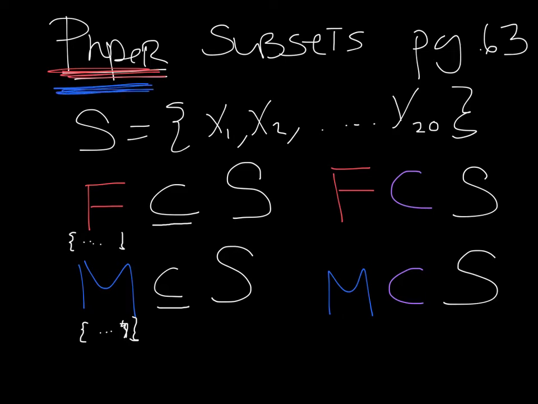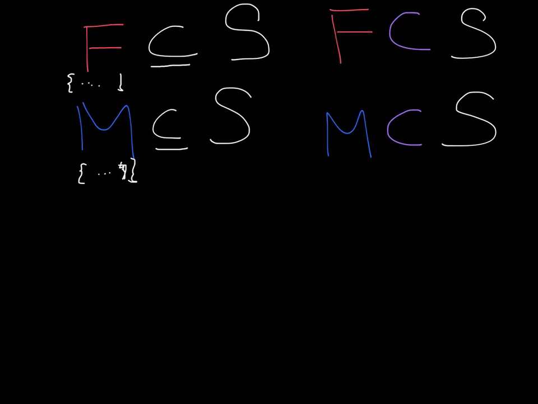So all the female students in our class, that set is a proper subset because it's not equal to the set S. And our 7 male students are a proper subset of the set S. And really quick, let's say S. So this is not true, right?